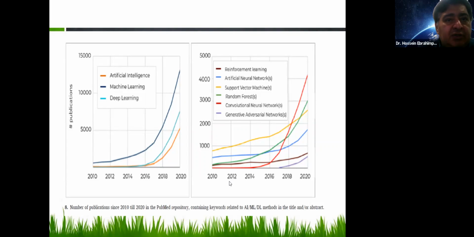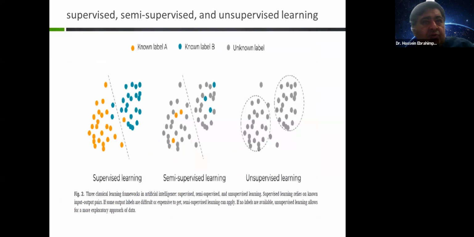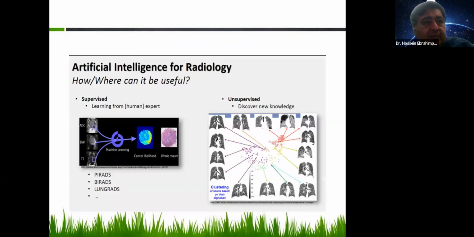But in 2010, the most popular one was the support vector machine. Why this change happens in the technology, this is what we are going to talk about in the next session.